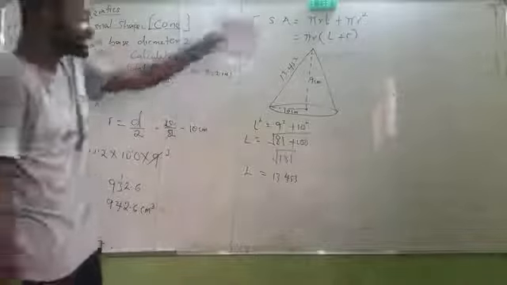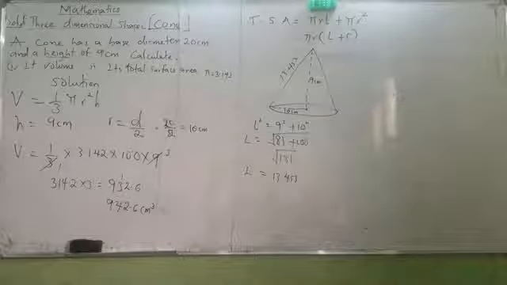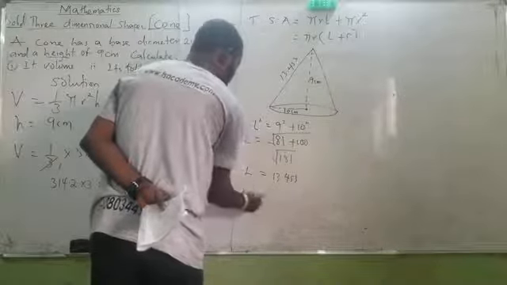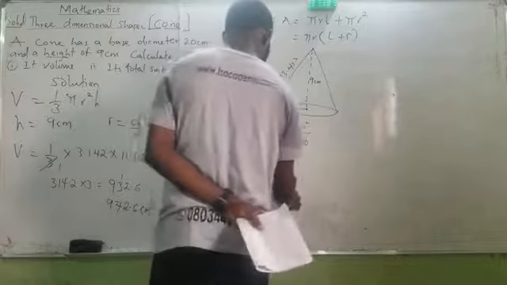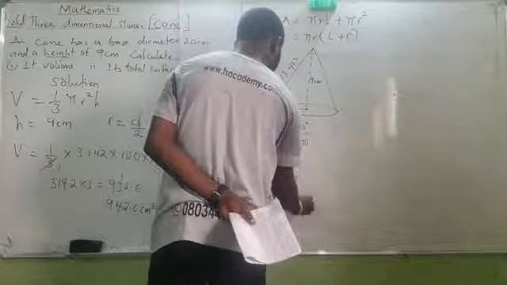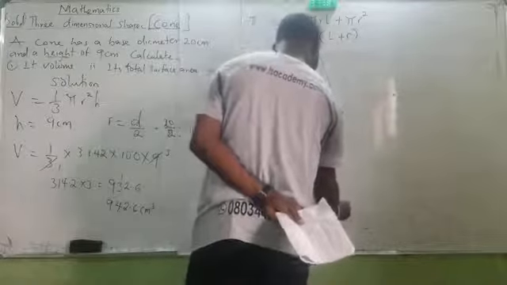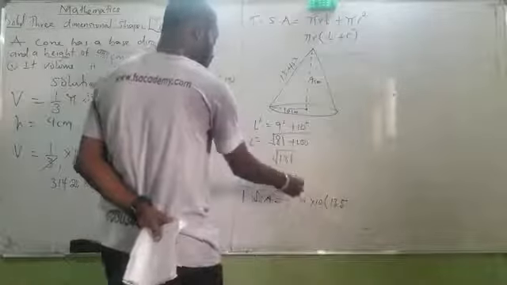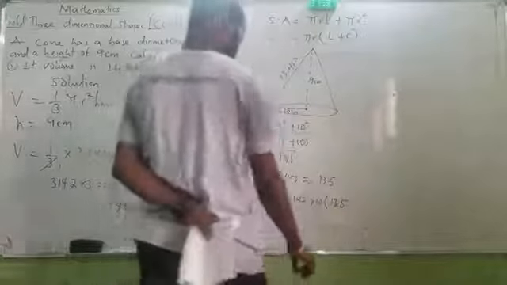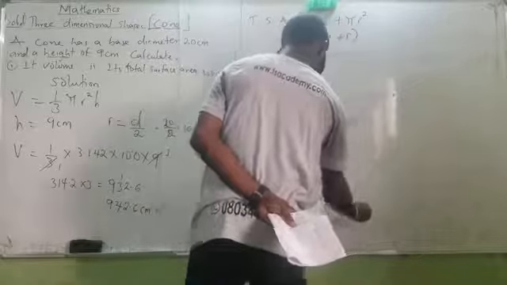Now from there, I can generate my total surface area. My total surface area will be equal to pi, 3.142, multiplied by 10 bracket of slant height, 13.5 approximately, to 1 decimal place, plus my radius, 10.